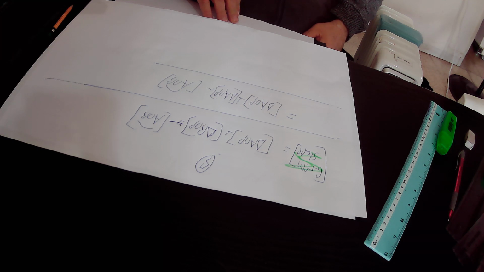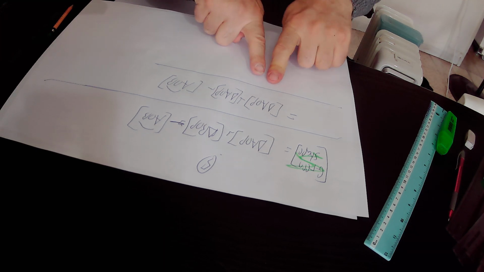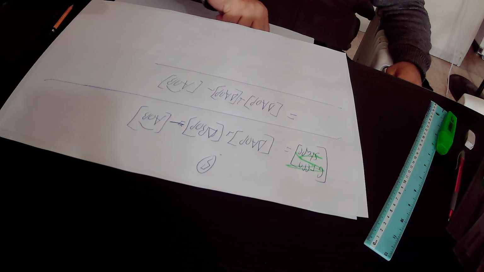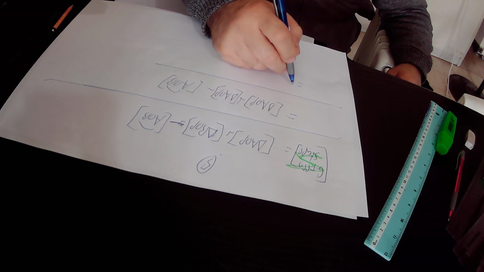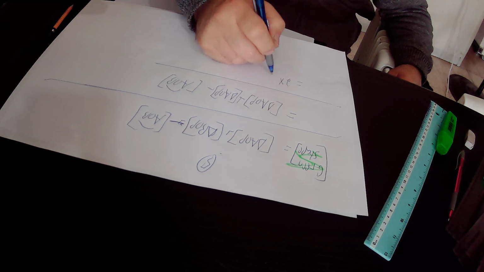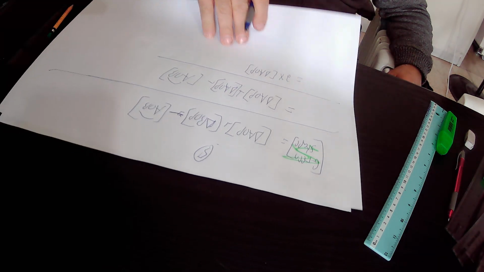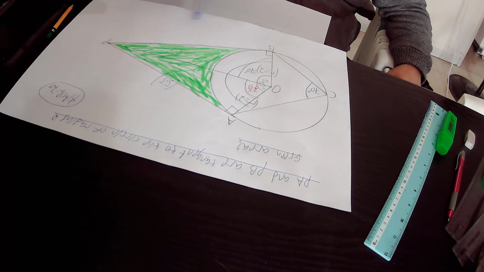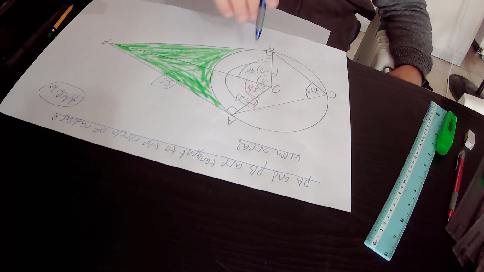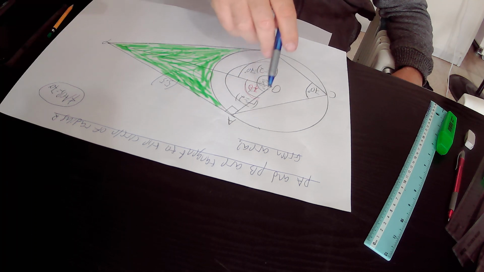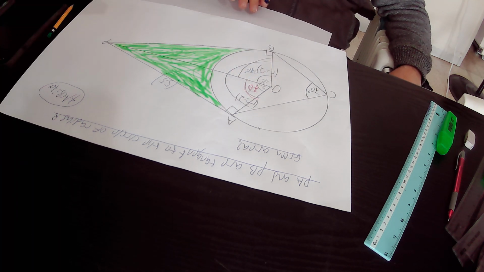So, now the area of triangle AOP plus the area of triangle AOP equals 2 times the area of triangle AOP. It is actually the area of quadrilateral AOBP, and then we have to subtract from the area of quadrilateral AOBP the area of this sector AOB.